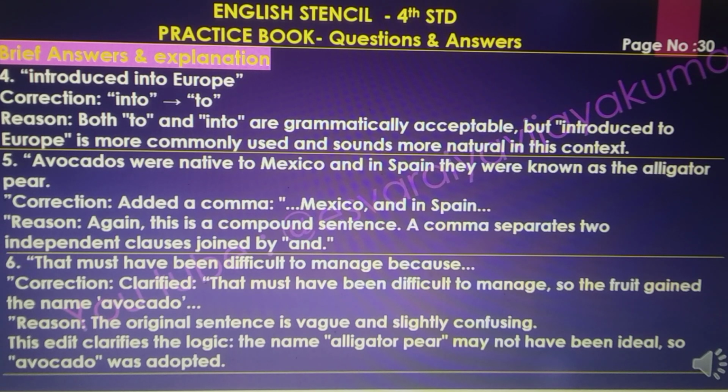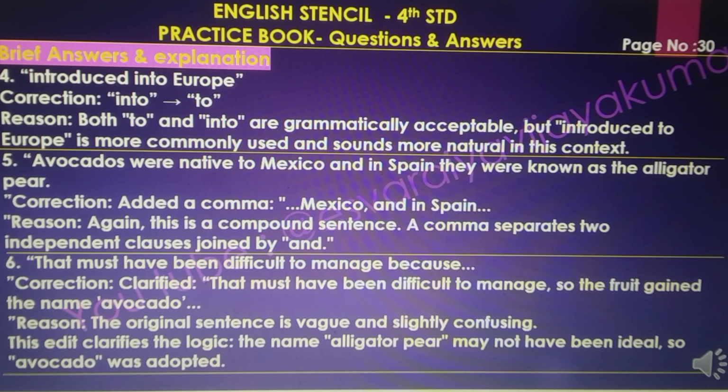Fifth one: avocados were native to Mexico and in Spain they were known as the alligator pear. The correction: add a comma after Mexico, before "and in Spain". The reason: again, this is a compound sentence, and a comma separates two independent clauses joined by "and". Sixth one: that must have been difficult to manage because.